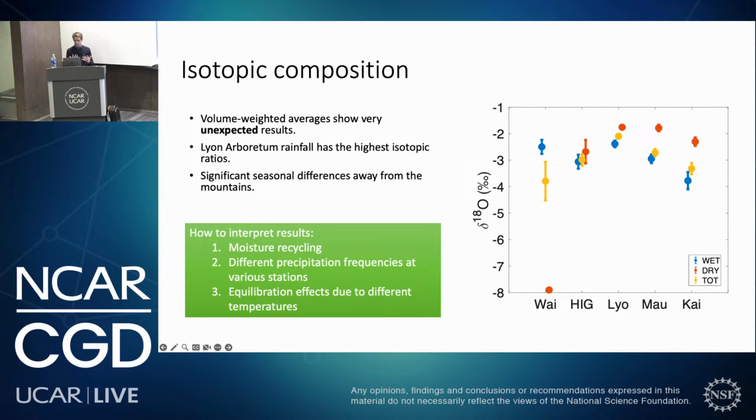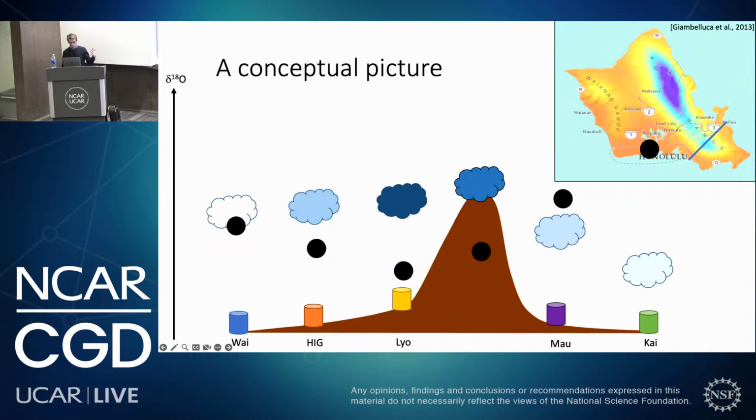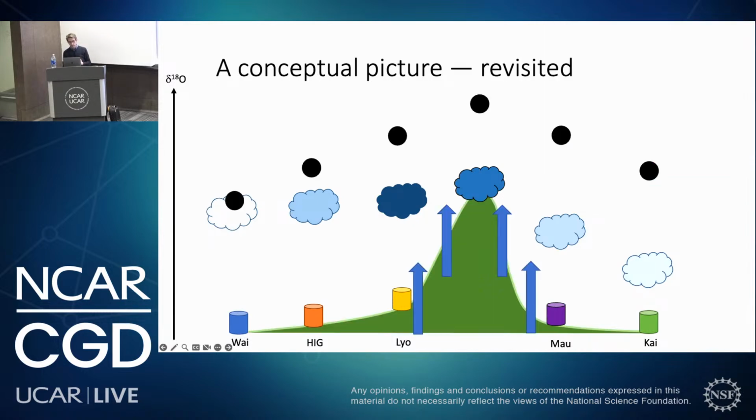Okay, and so when we look at these averages, this really sort of defied my expectations in a way, and so we tried to understand what was going on here. One of the things that was missing in the picture that I showed you before, the cartoon with the parcel going over the islands, is that the islands are actually really, really green, and so there's a lot of rain evaporation that happens through surface latent heat fluxes.